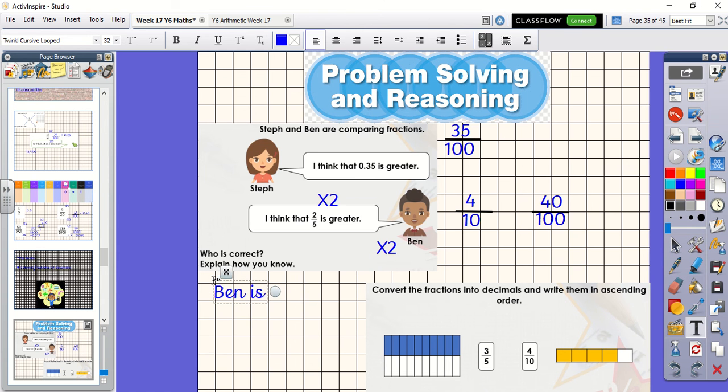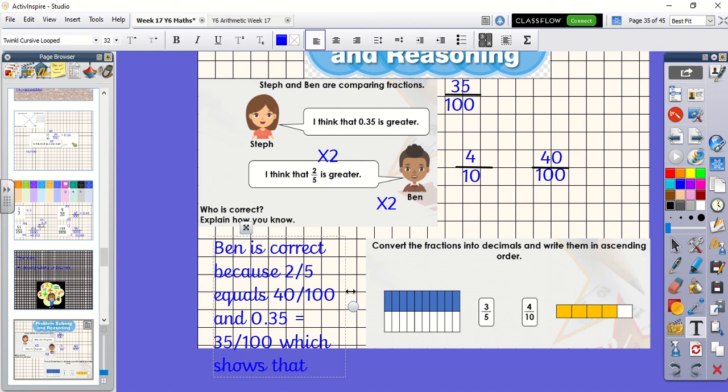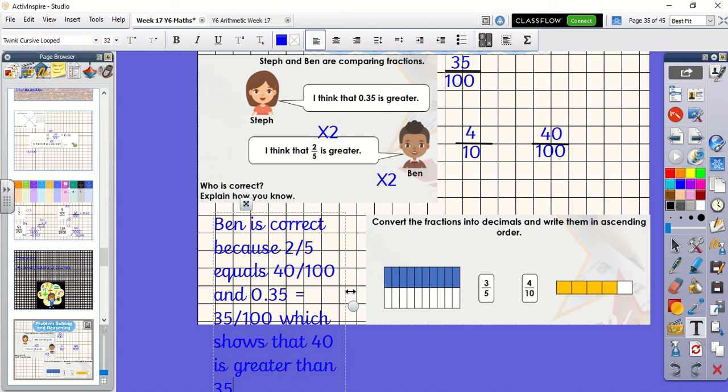So Ben is correct because 2/5 equals 40 hundredths and 0.35 equals 35 hundredths, which shows that 40 is greater than 35.